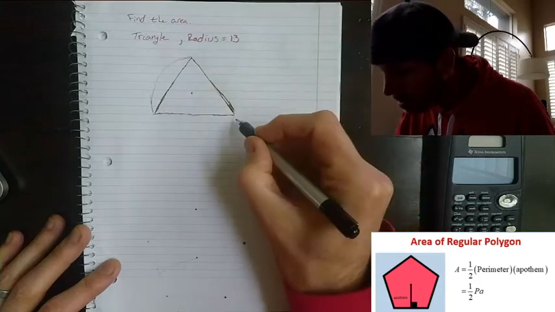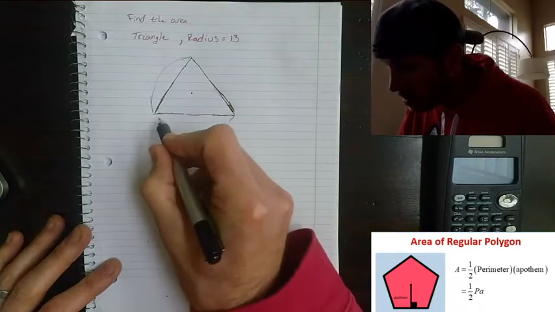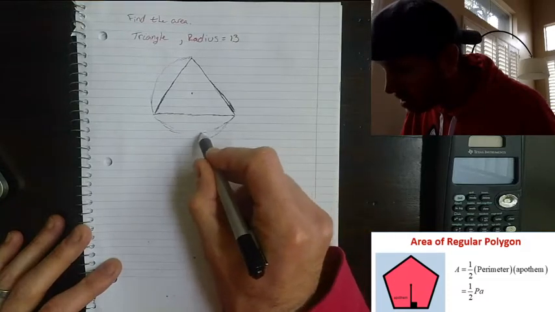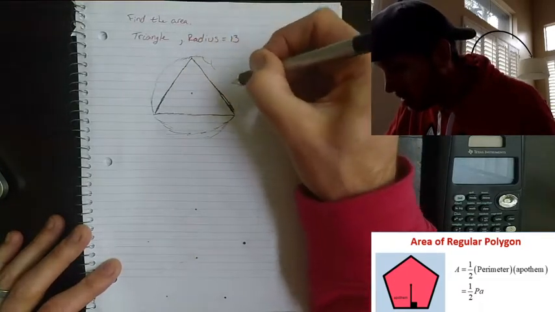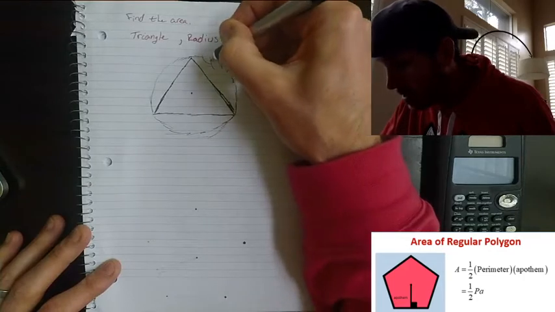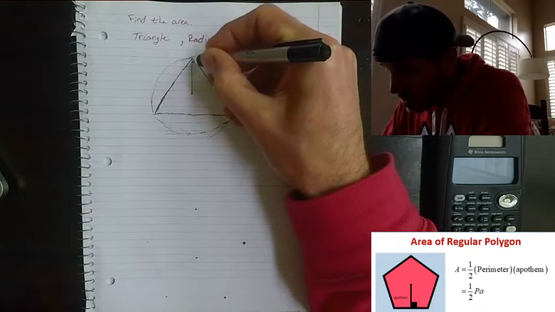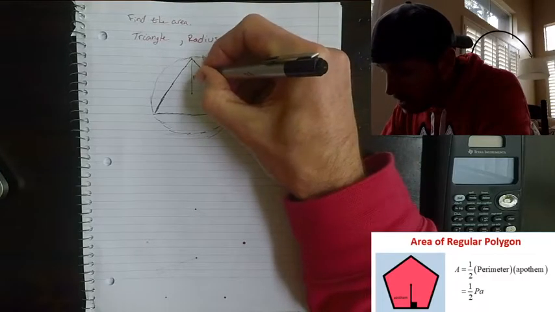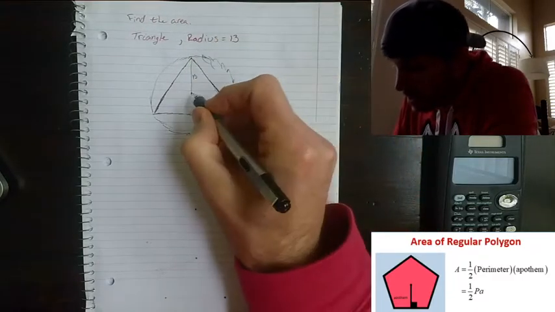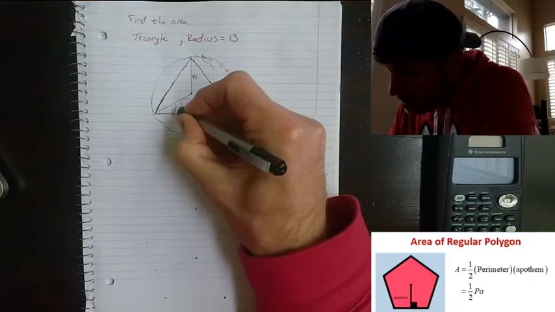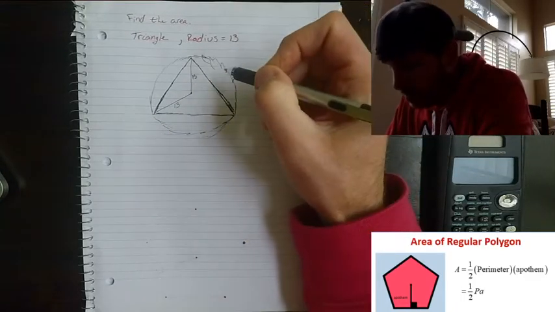This is not going to come out super attractive, but you're going to get the idea based on what we've got going on here. So we've got that circle. This radius is 13, and that makes this radius also 13.